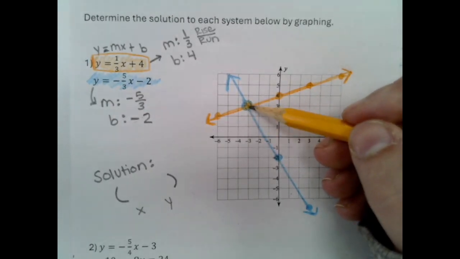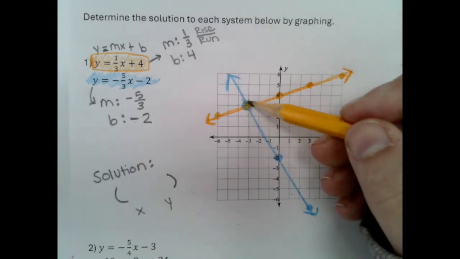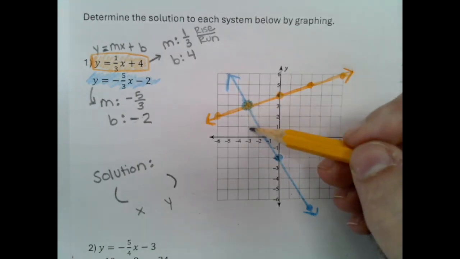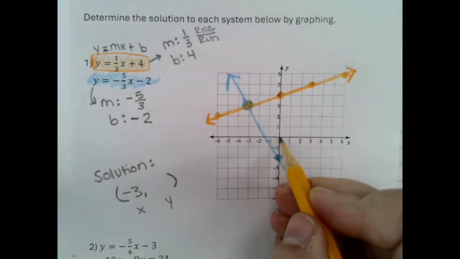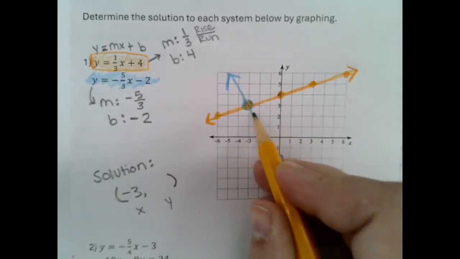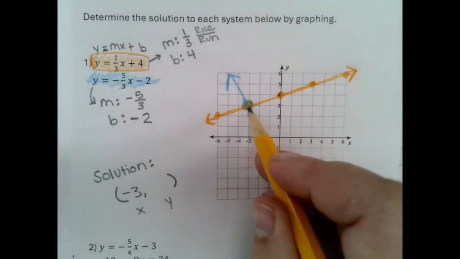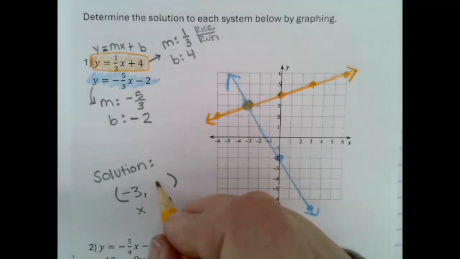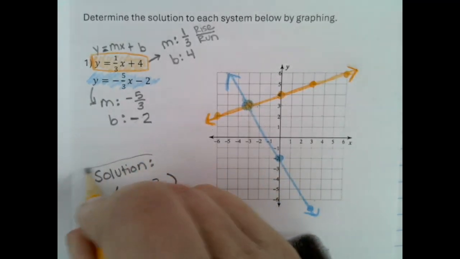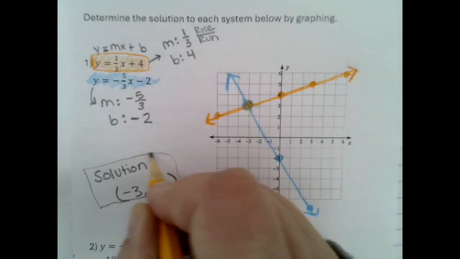What's my x? -3, it goes left 3 from the origin. On my x-axis is -3. What about on my y-axis? It'll be +3. And that's my answer.